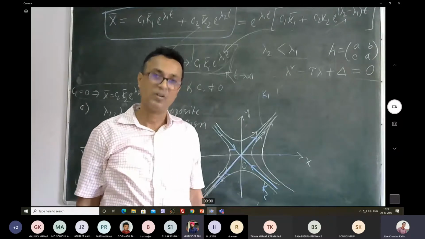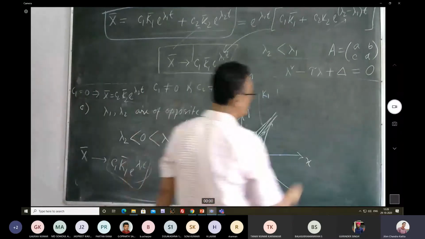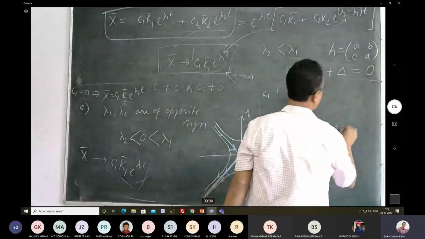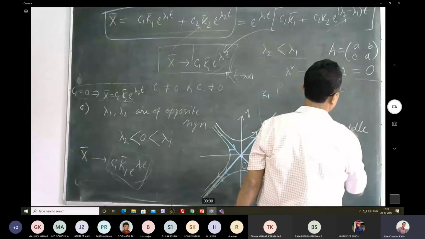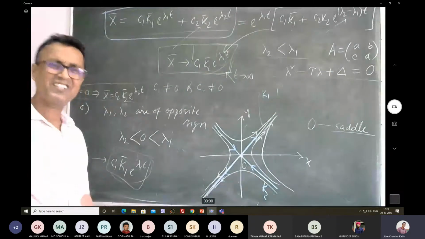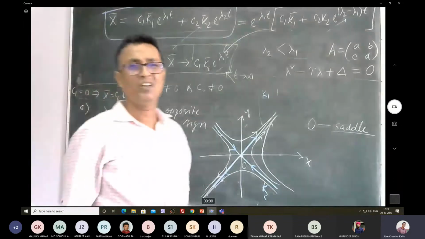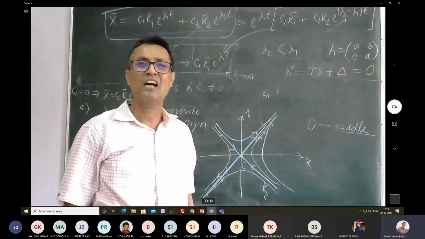So in that case, this critical point 0 is called a saddle or saddle point. Is it stable? Can I consider 0 in this particular case as stable or unstable?